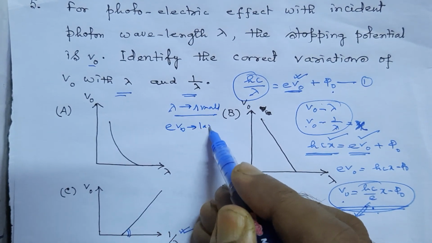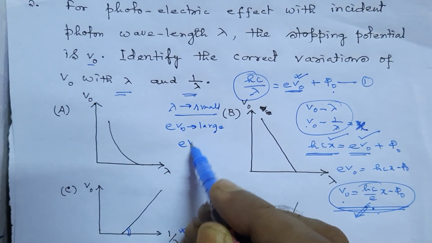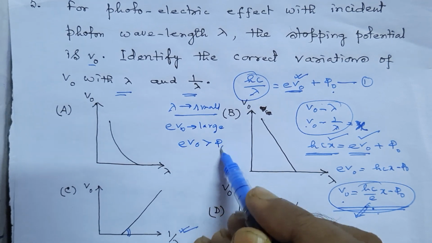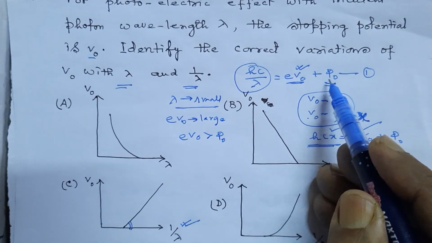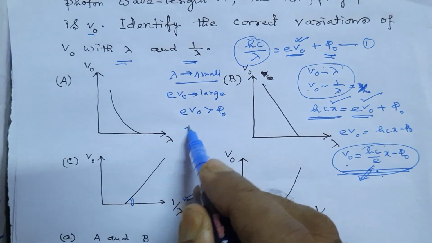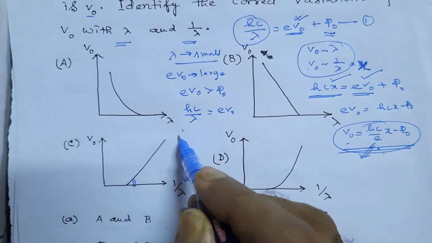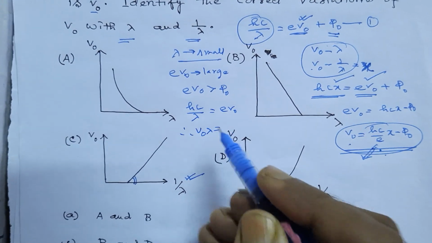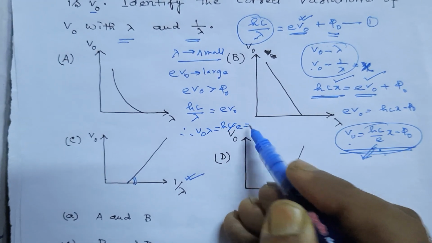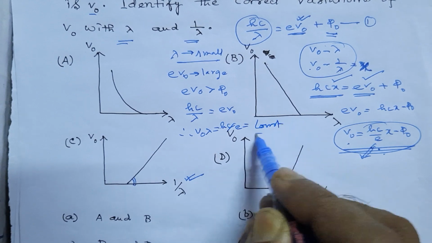And when EV0 is large enough compared to phi 0, we may neglect phi 0 with respect to EV0. In that case, Hc by lambda equals EV0. So V0 into lambda equals Hc by E, which is a constant. So V0 into lambda equals constant.